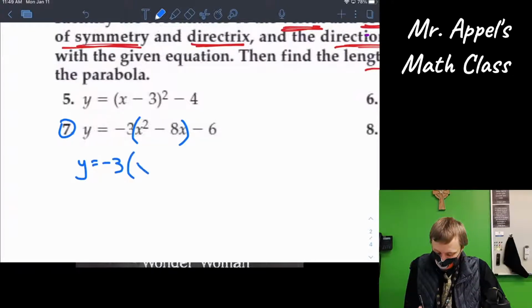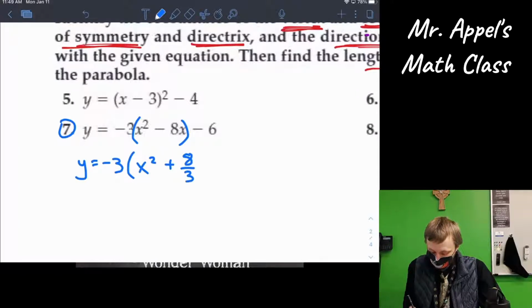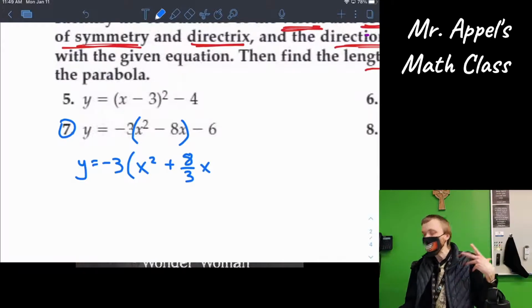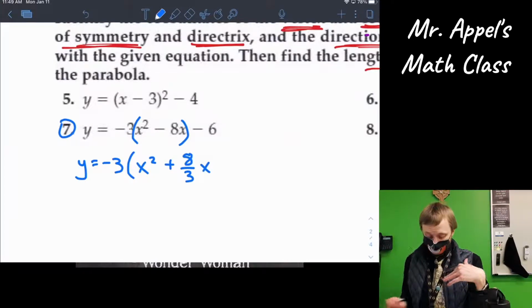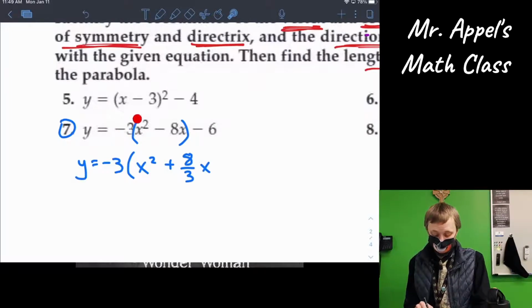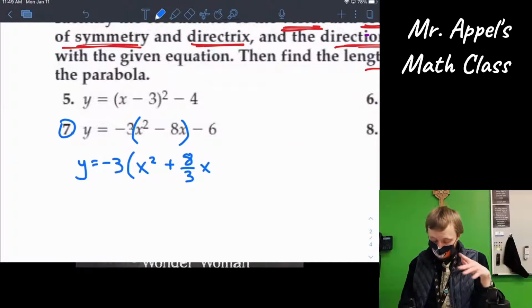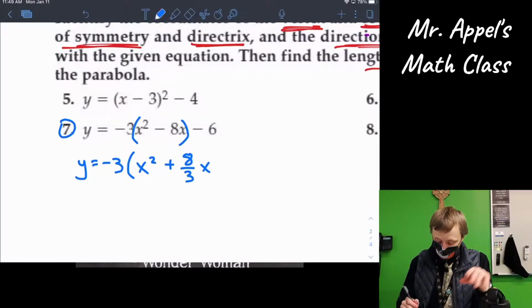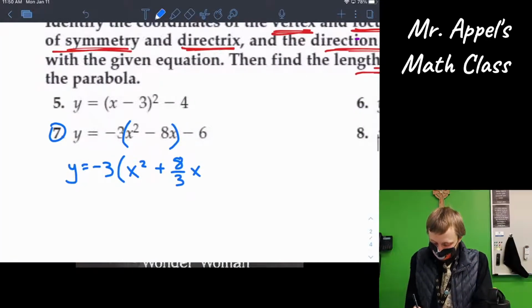So negative 3 comes out, we get x squared, this becomes positive 8/3 x. Well, it ends up being a fraction. That's a little unfortunate. But honestly, I would rather just deal with the fraction right here than to not factor this out and have to bring it back in later. We'll just treat it there, right? Fractions are your friends too. Just because they look funny doesn't mean you should be making fun of them.